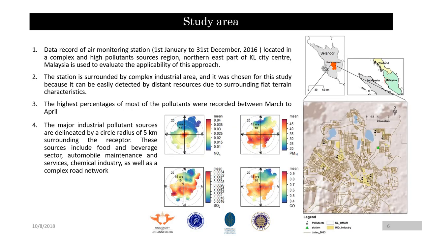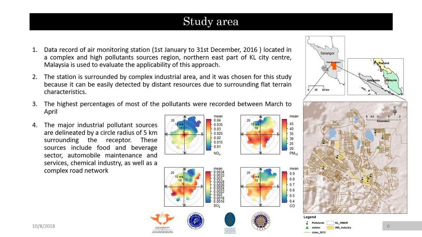Here the study area is taken from Kuala Lumpur, Malaysia. The data was collected from the 1st of January to the end of 2016. This station was located in a complex and high pollutant sources region, north and east of the KL city center.